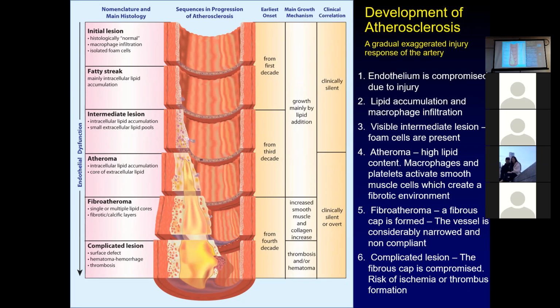As that continues to build over time, we're going to continue to accumulate lipid and macrophages into those spaces. We make more and more foam cells, and the foam cells begin to get pushed down into and around the endothelium, and they begin to stack up on each other, okay? That leads us into this kind of intermediate lesion that is going to be here.